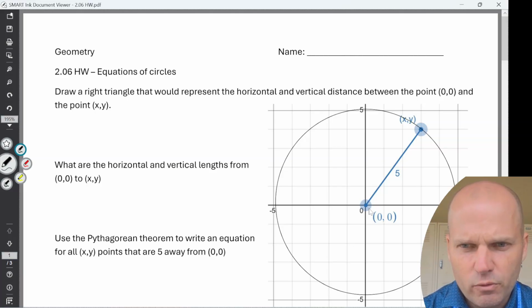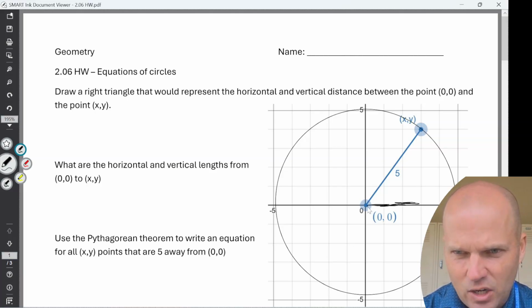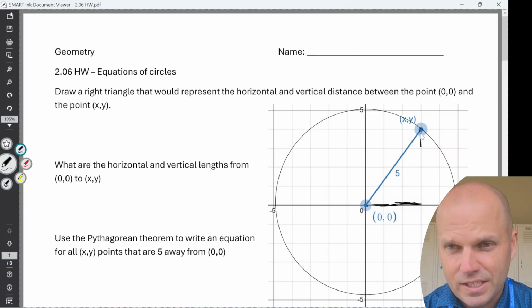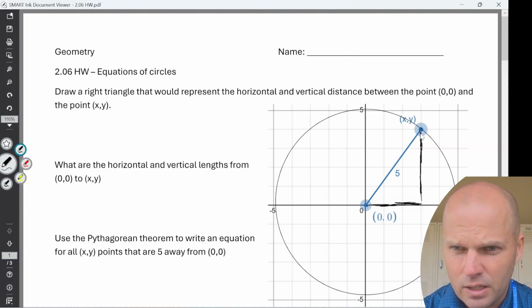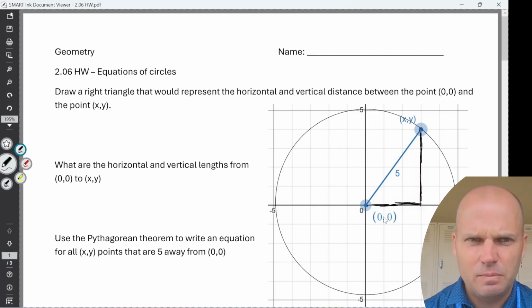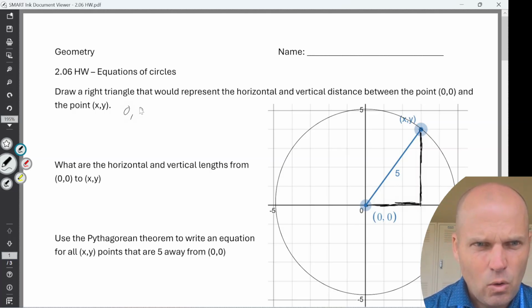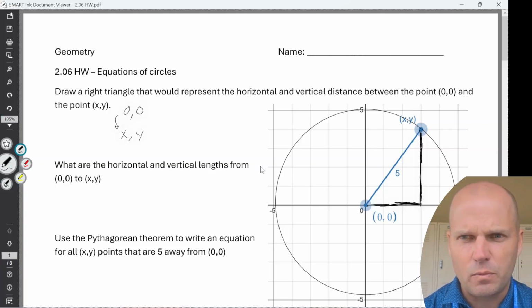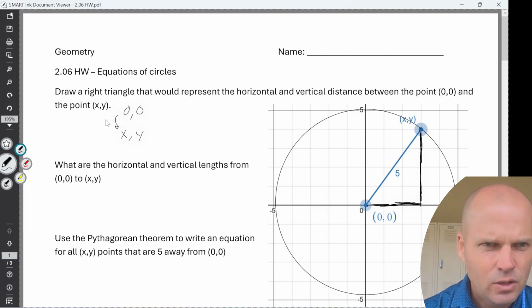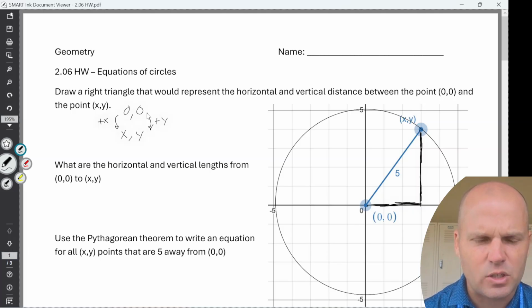And we realize that the connecting equation with distances in the coordinate plane is the Pythagorean theorem because we have horizontal distances that are theoretical, hypothetical, from 0 to some x would be a plus x or x minus 0. From 0 to y would be a plus y.